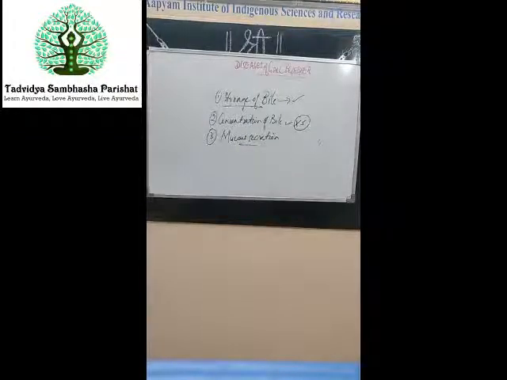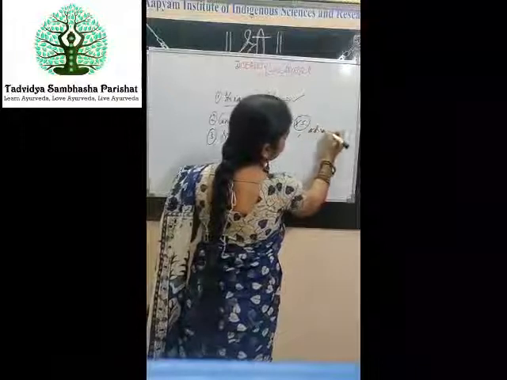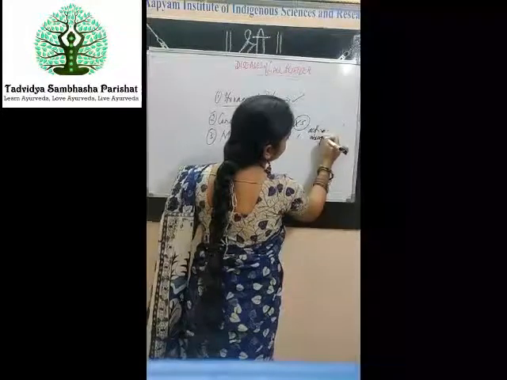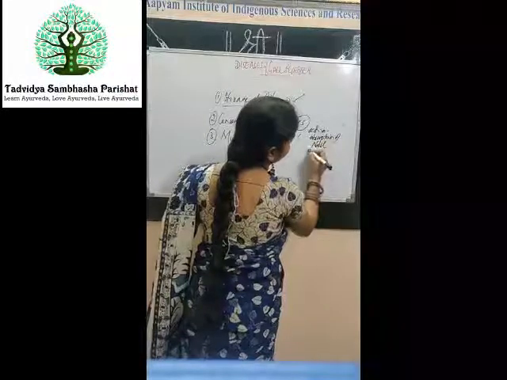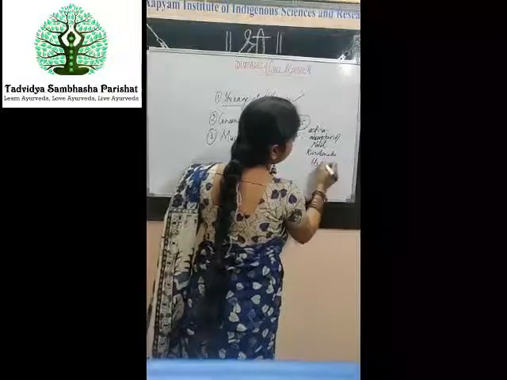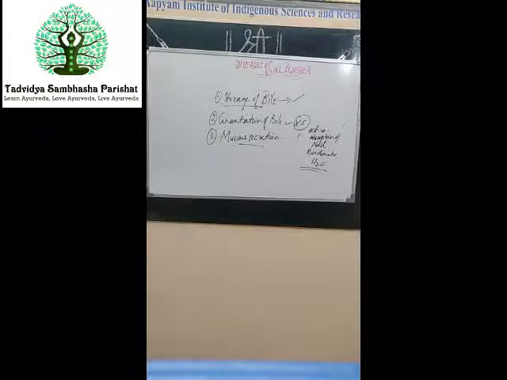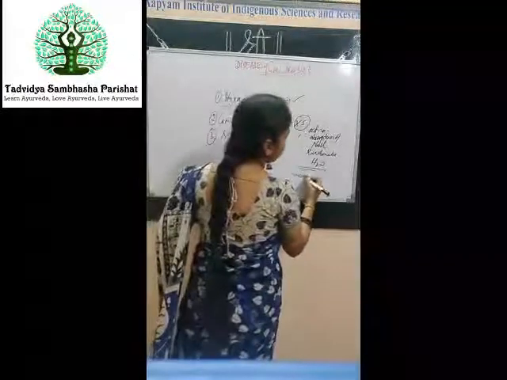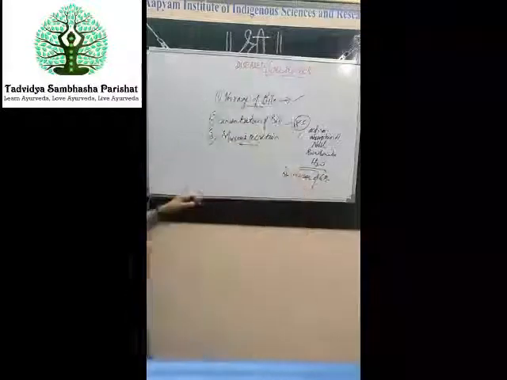Because there is active absorption of the water content, the sodium chloride and the bicarbonate. Active absorption keeps on going by the mucosa of the gallbladder. This is one method.